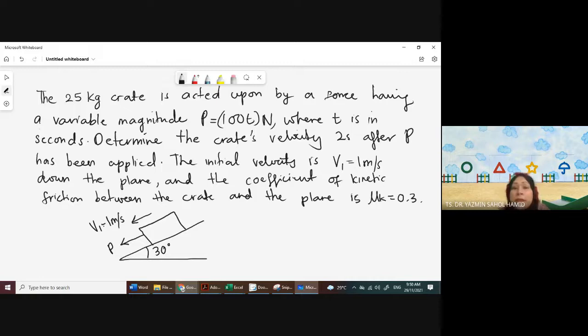Okay, cuba buat. Okay, you are given 10 minutes to complete this question. Cuba bayangkan benda ni test. Okay, I will give you the answer supaya semangat sikit nak make sure dapat jawapan.